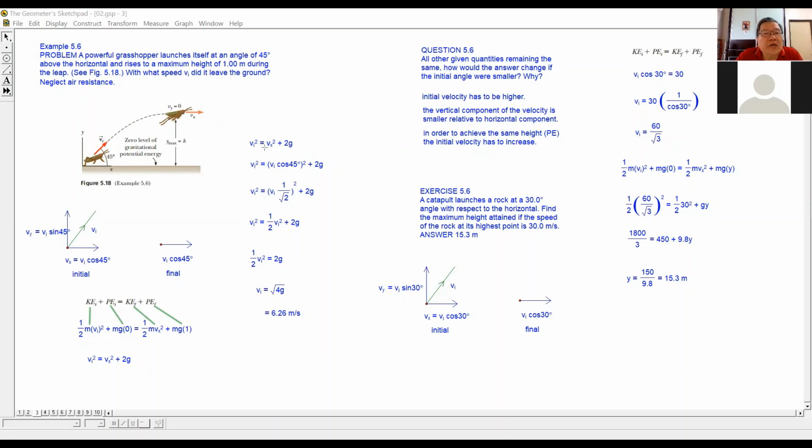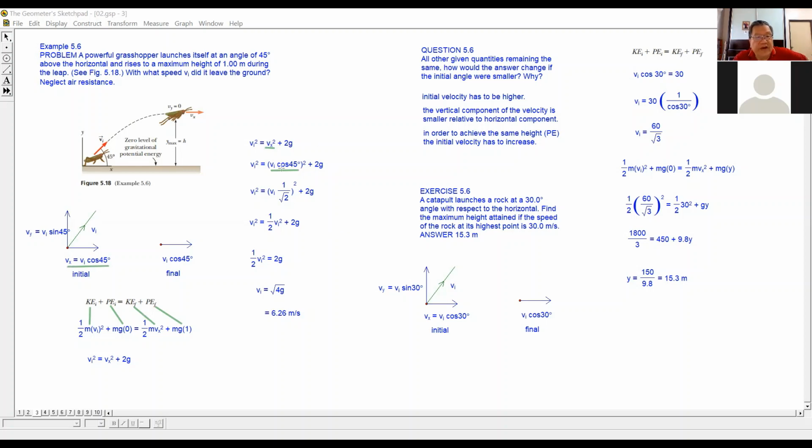There are two unknowns in this equation, vi and vx, so you cannot solve. So we have to change the vx into vi cos 45. Vx is actually vi cos 45.